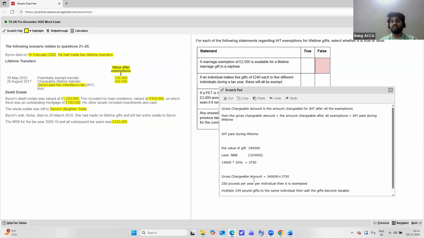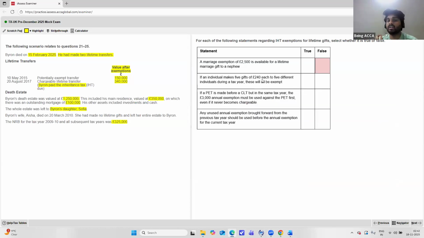All right. Hope this is clear to everyone. So because of that reason, £240 each to five different individuals is being given, so this is a true statement. One person can give multiple gifts of up to £250 to multiple individuals, but to one individual, you cannot gift more than £250 and get an exemption on it.